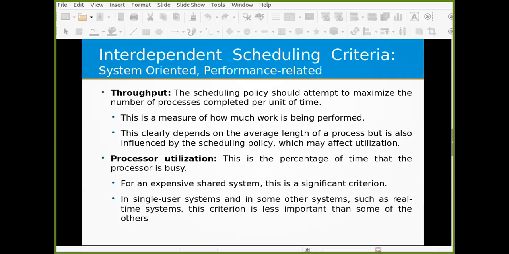In single user systems and in some other systems, such as real-time systems, this criteria is less important than some of the others.